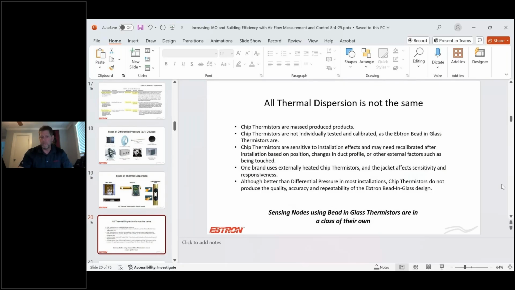So if you have dynamic changes in your airflow system, it may not recognize those dynamic changes fast enough to adjust your airflow system. So responsiveness is very critical. Although they're typically better than differential pressure in most applications, chip thermistors are not the same quality, accuracy, or repeatability as something like a bead and glass design.